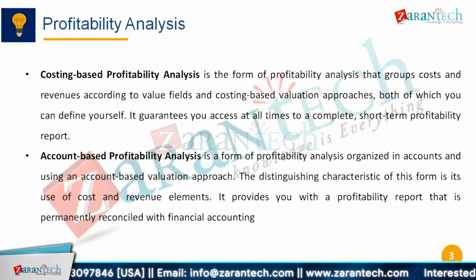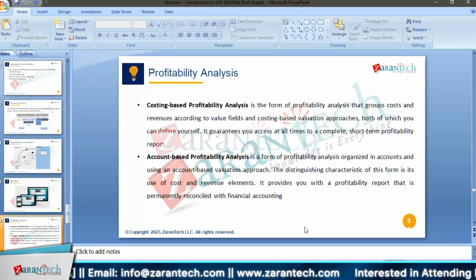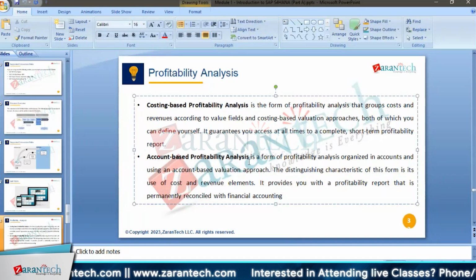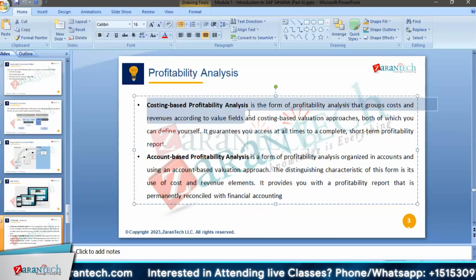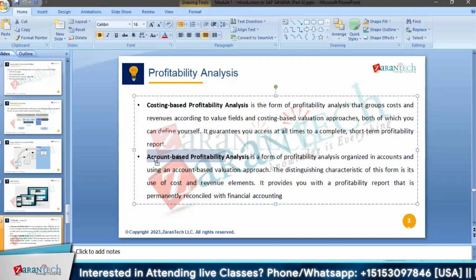Costing-based profitability analysis is the form of profitability analysis that groups. Can someone tell me what account-based COPA is and what condition-based COPA is? The COPA part has already been covered, so maybe we will ignore this part. But just for your information, earlier we used to have costing-based COPA and then account-based COPA. So this is real-time reconciled.